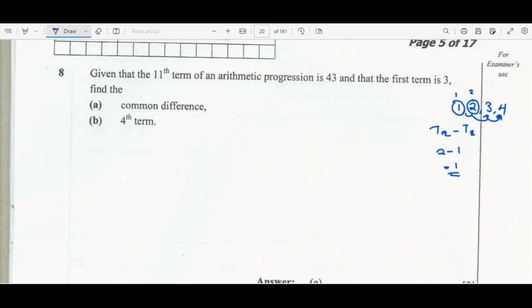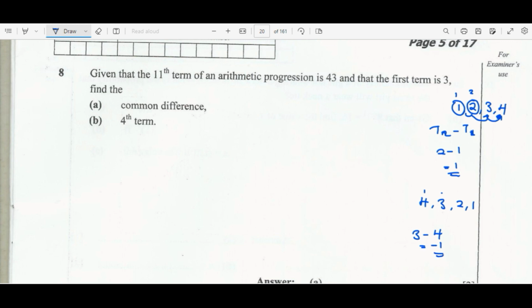And then descending, where maybe we have a 4, then we have a 3, and then a 2, and then a 1. So it means that still the same. This is the first, then this is the second. So it will be 3 minus 4, and that will give us negative 1.